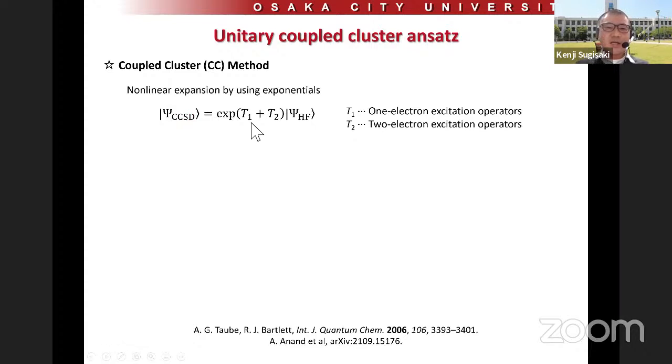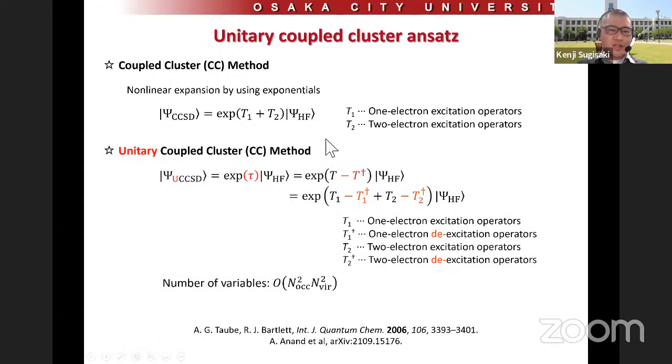In this case, T1 and T2 are one- and two-electron excitation operators acting on the Hartree-Fock reference state. In the unitary coupled-cluster method, we apply exponential tau instead of exponential T. Tau consists of T minus T dagger.